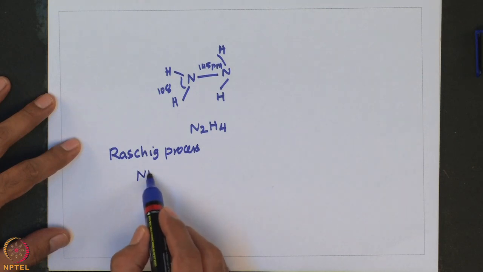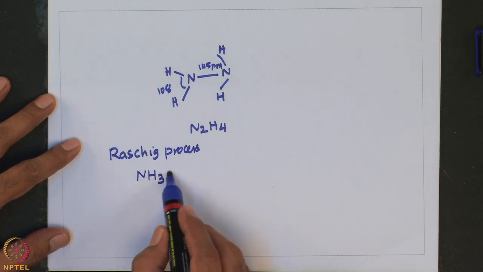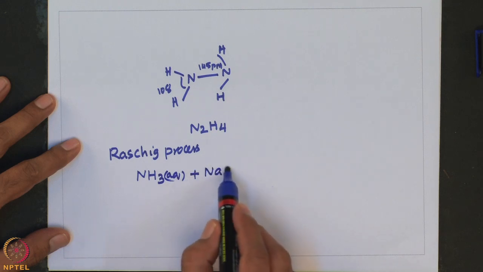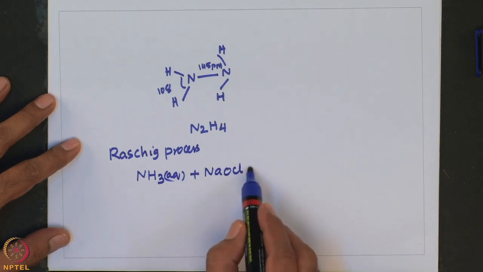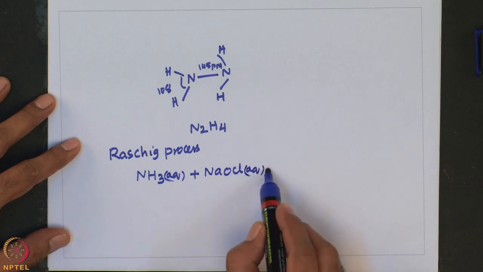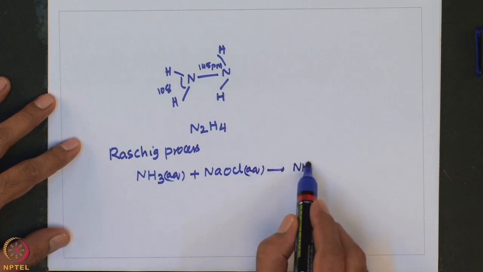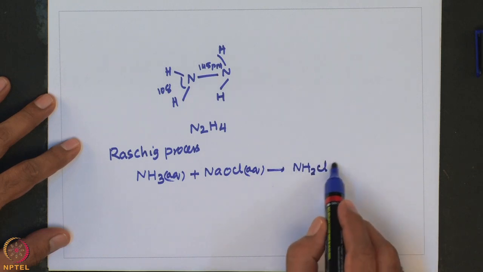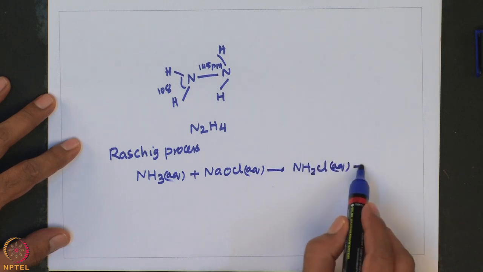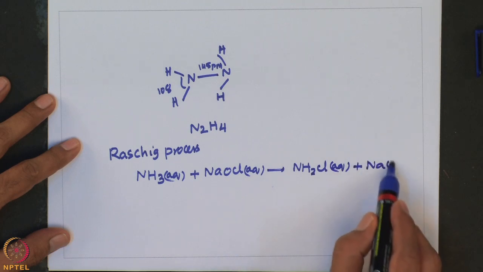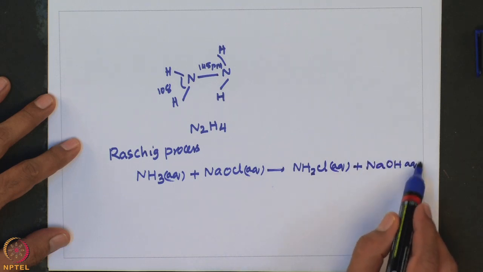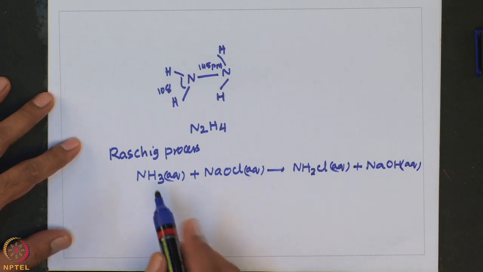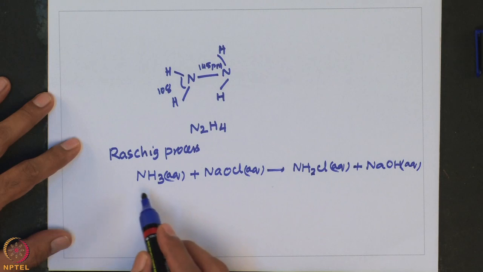For example, NH3 and NaOCl react to give NH2Cl. This NH2Cl undergoes dimerization in this fashion in presence of ammonia.